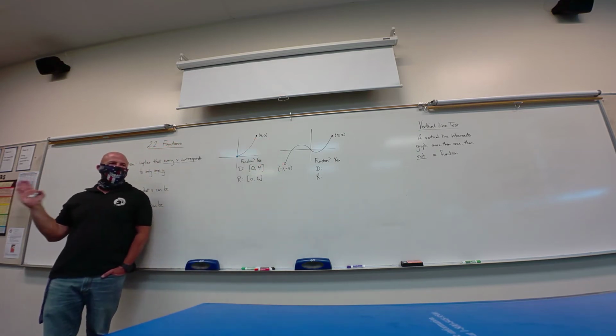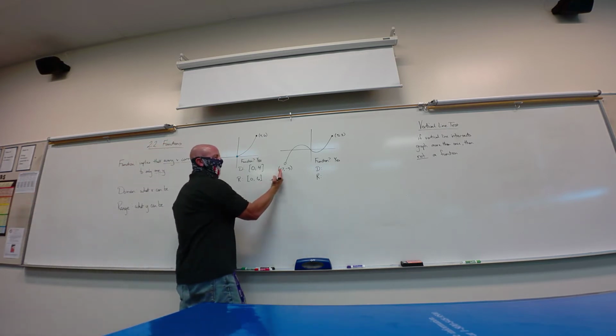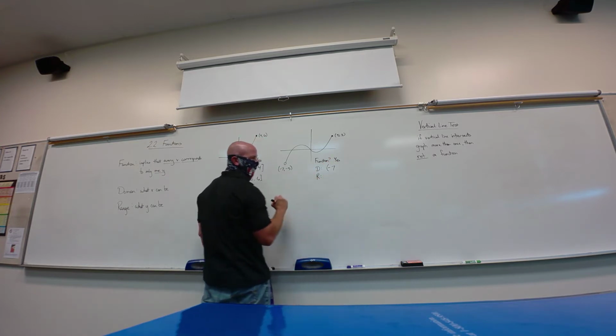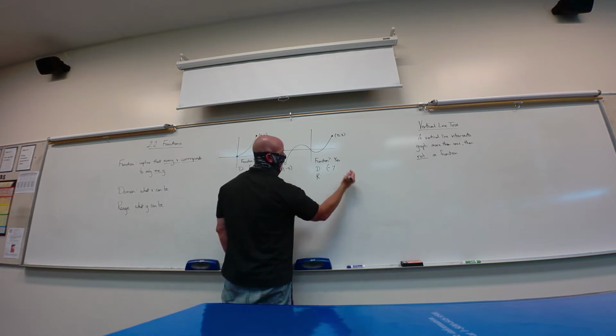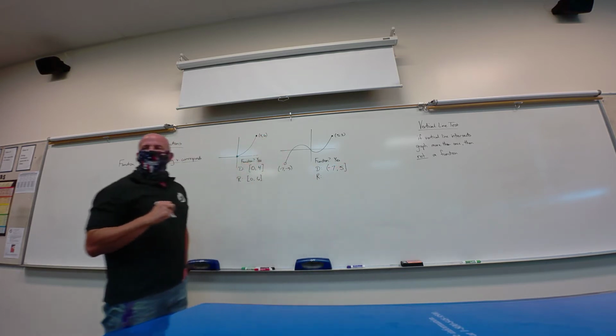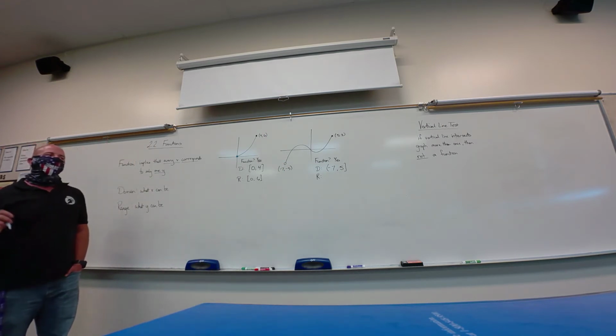But still I'm looking left to right. Smallest x, -7, parentheses around it. Moving to the right, the largest x is 5, bracket. I'm including the 5. I'm not including the -7.